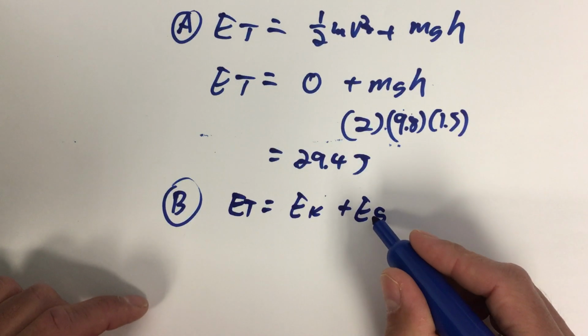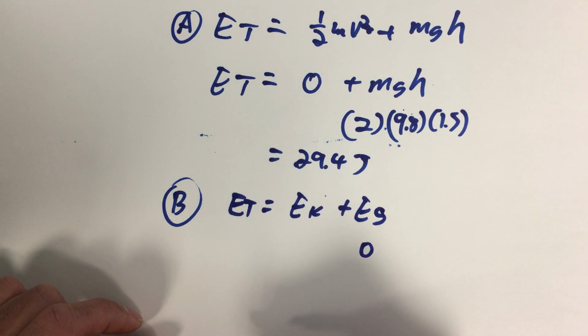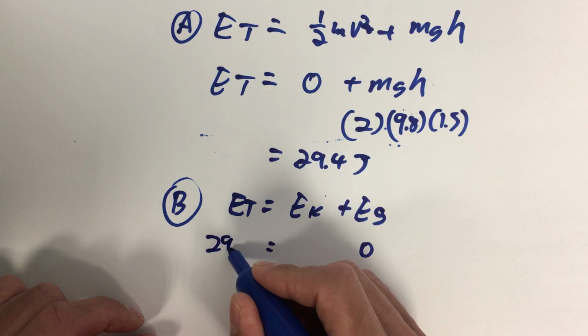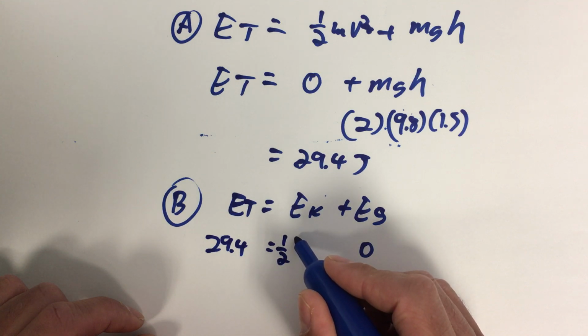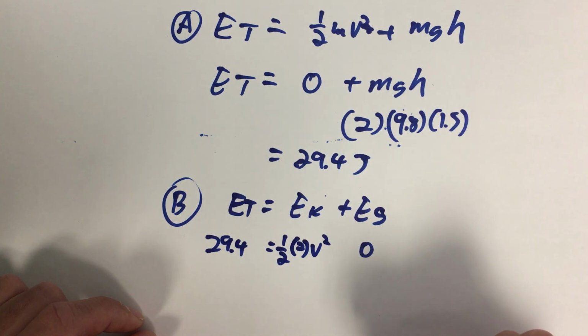So that means the gravitational potential energy is 0. So our total energy is our kinetic energy. We know our total energy to be 29.4, and we know our kinetic energy to be half of our mass, and remember our mass is 2, times the square of our velocity.